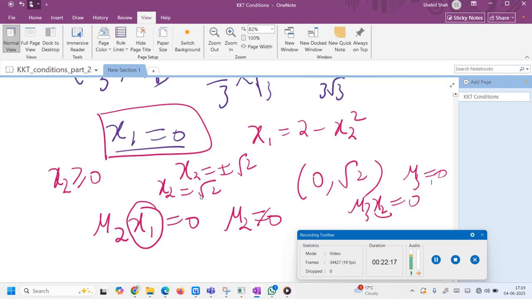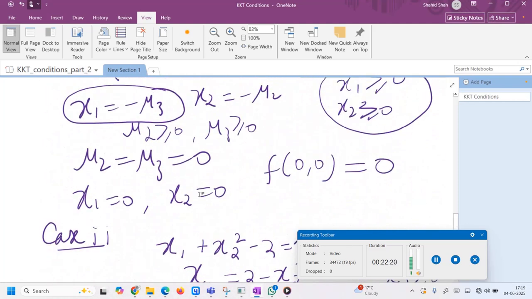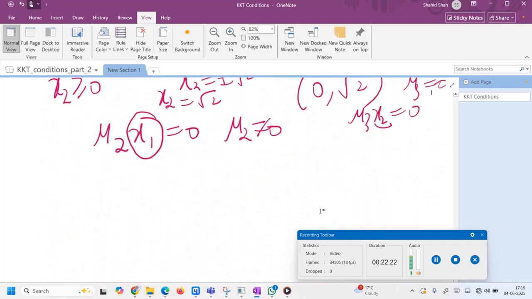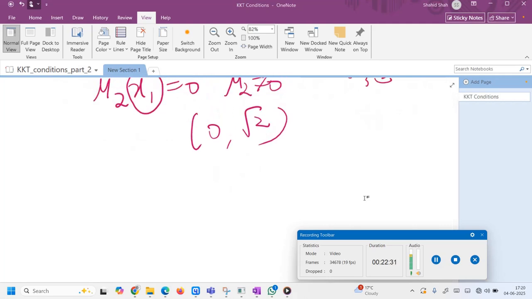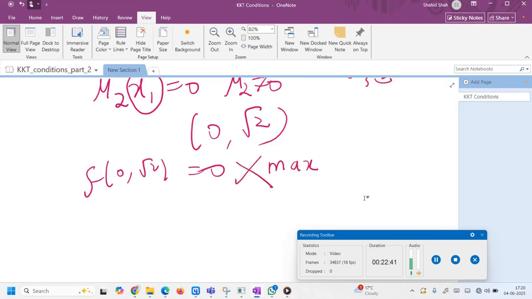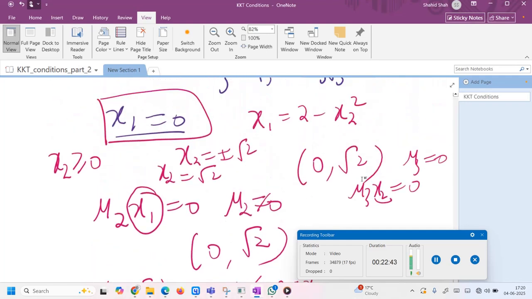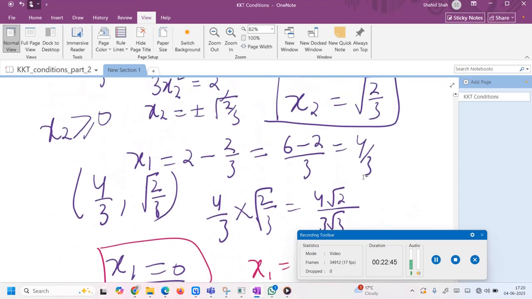And this comes back to case 1 already solved, that is, 0 root 2 will be one more solution for this. If you see the value of the function at 0 root 2, f of 0 root 2 is 0. We want to find the maximum value, so this is not the maximum value. Rather, the maximum value of the function occurs at the point 4 by 3, root 2 by 3. So this is the optimal solution.